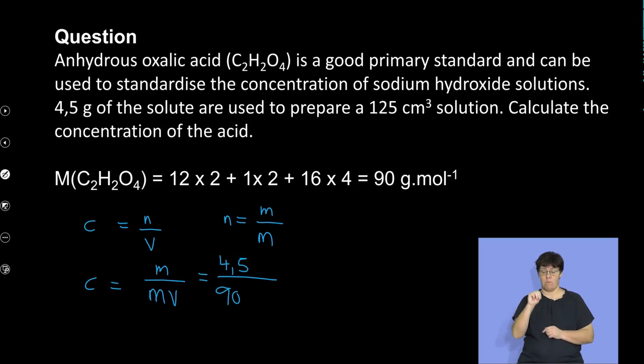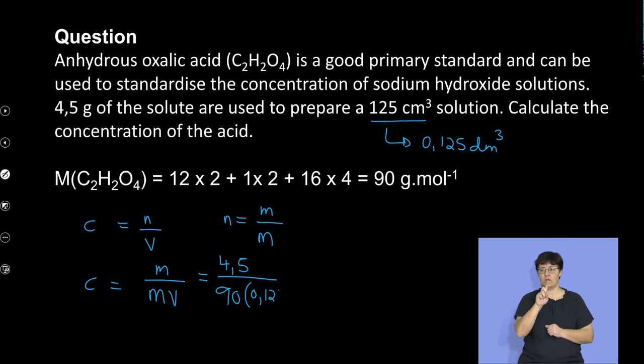And then the volume of the solvent that is used to form this solution is 125 cubic centimeters. So it's a homogeneous solution that will be formed. So 125, we convert this to cubic decimeters, we divide it by 1,000, which is 0.125 cubic decimeters.